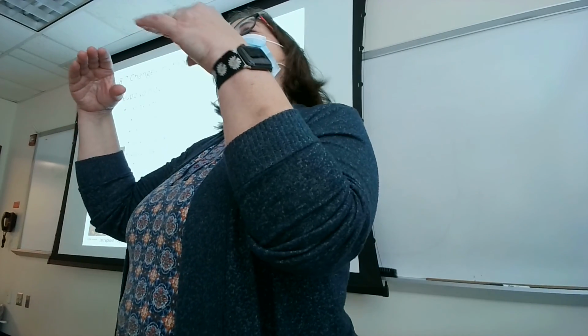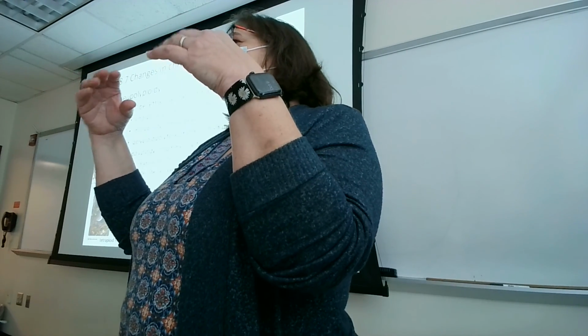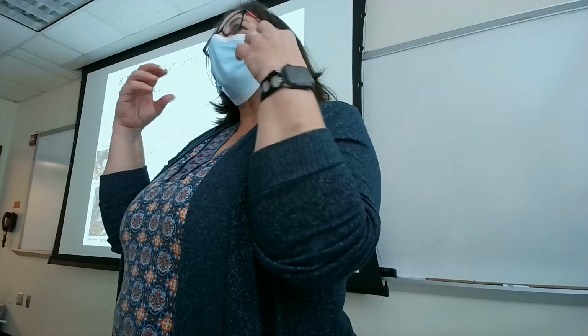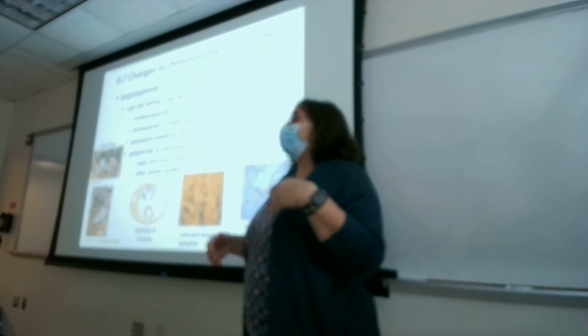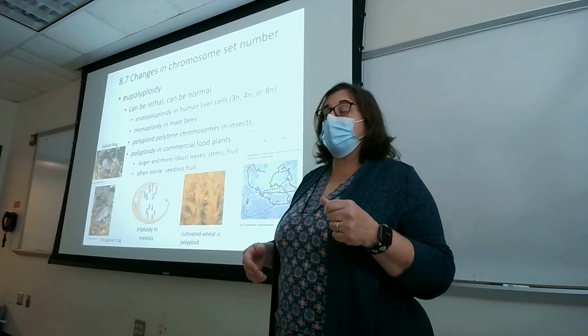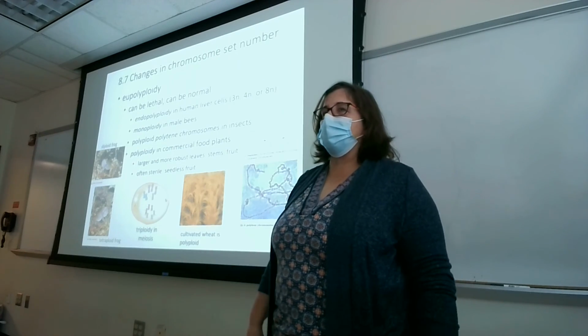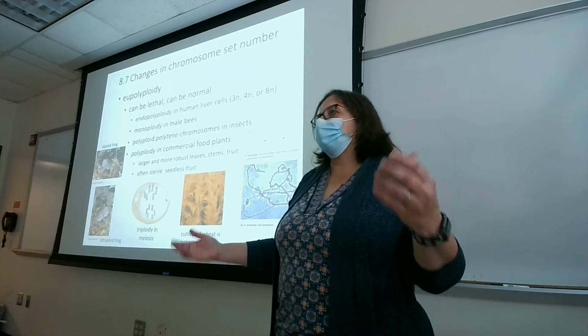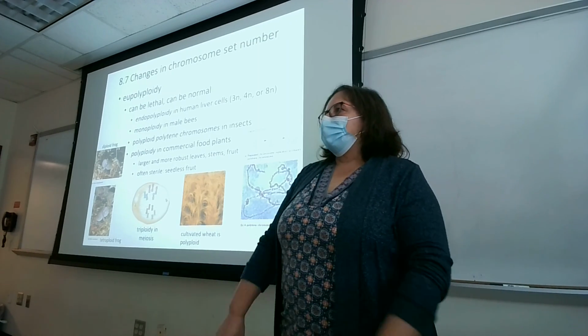Those giant bananas that you sometimes get in the grocery store might have 10 or 12 copies. So the size of the fruit is directly correlated with how many ploids that fruit has, which is kind of cool. And that's why they're sterile. That's why you can't plant a seed from a grocery store fruit and expect it to produce fruit, because they are sterile. All right, I'm stopping there.